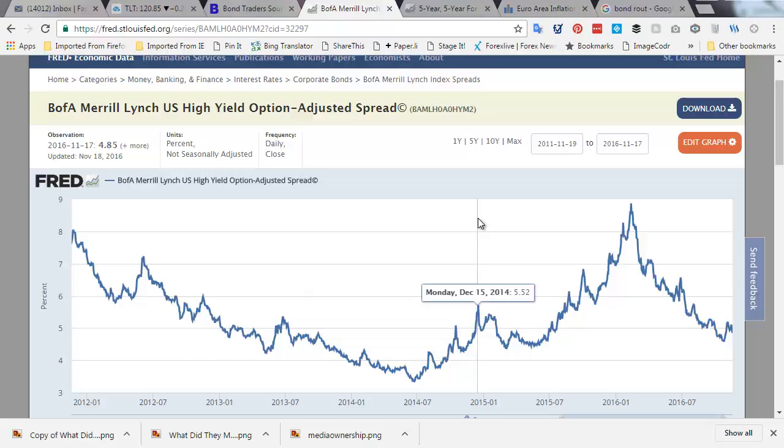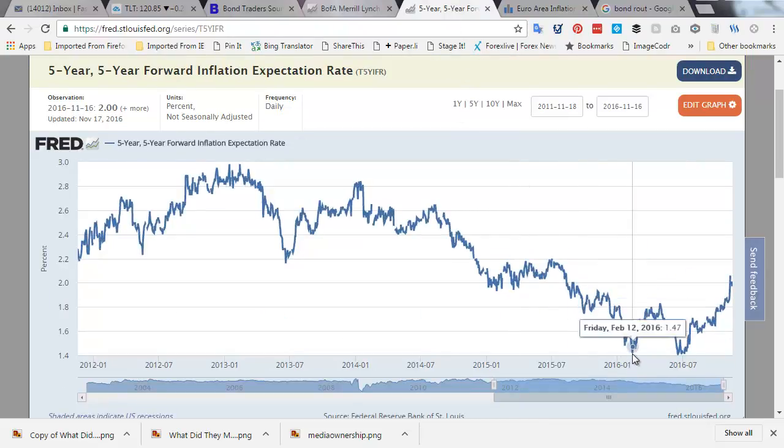And this chart is really interesting because basically what that tells us is that when interest rates for normal debt are beginning to rise, the gap between high yield and low yield starts to close. And this chart is absolutely telling us that that peak was in February, which is very much what this chart was telling us here, the 5-year forward expectations.